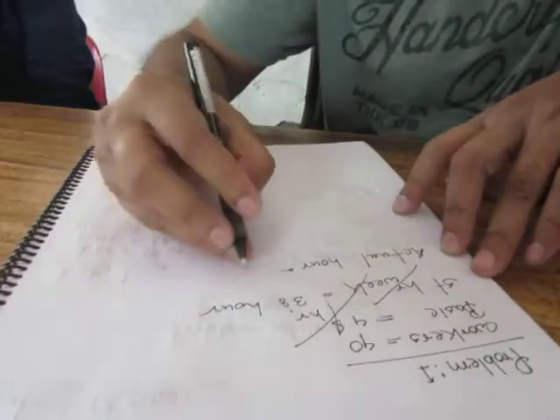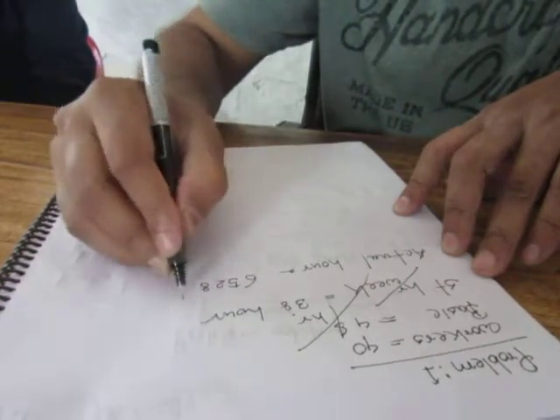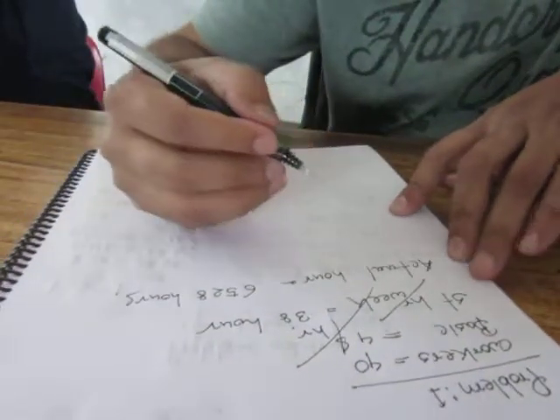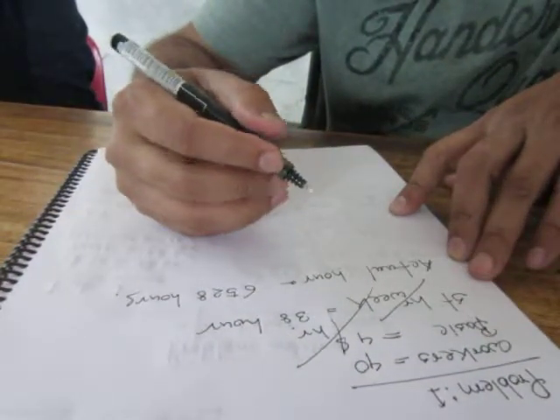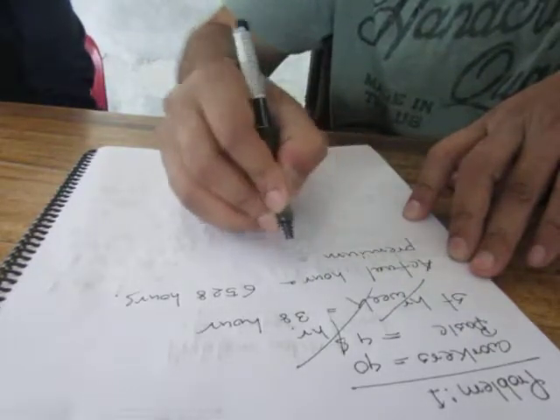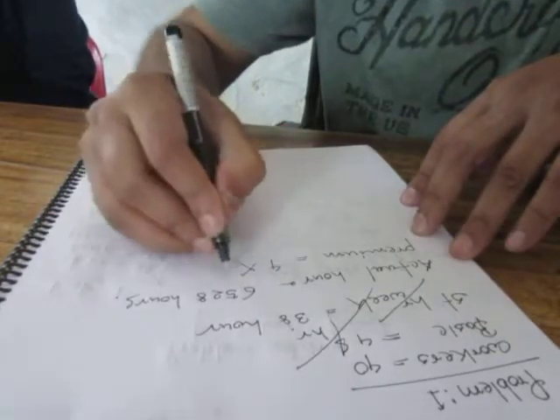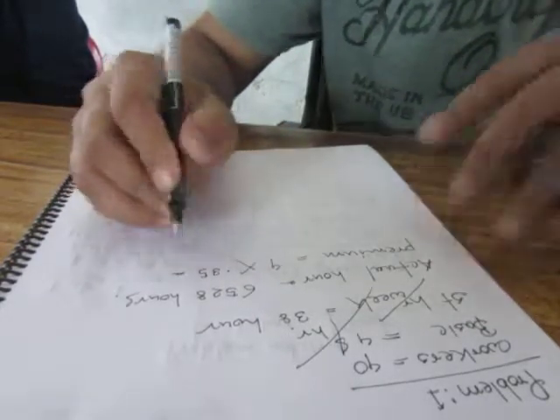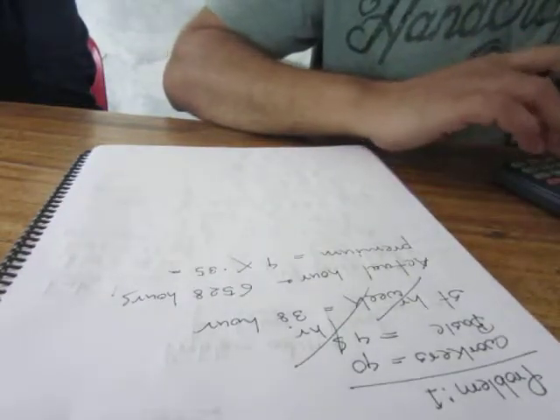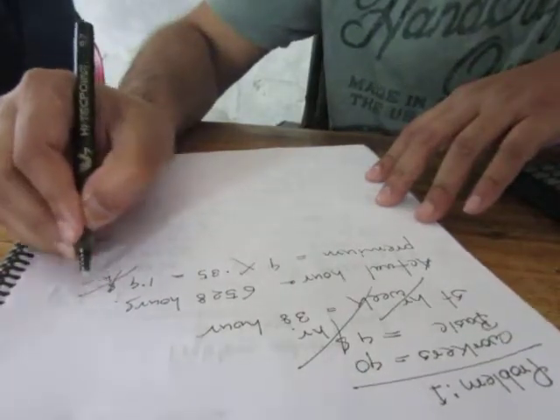Then total hours of the direct workers in the 4 weeks period were actually 6,528 hours. Then overtime, which is paid at a premium, was 35% of basic, 4 into 0.35, that is $1.4 per hour.